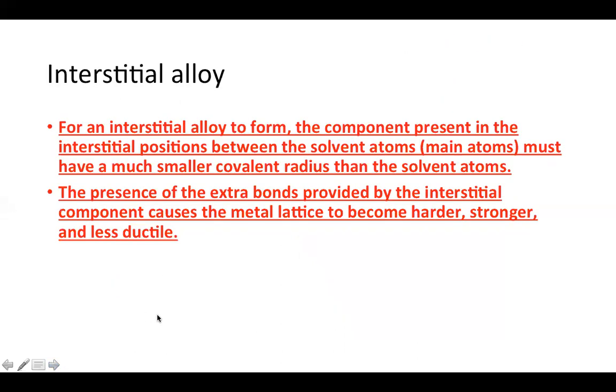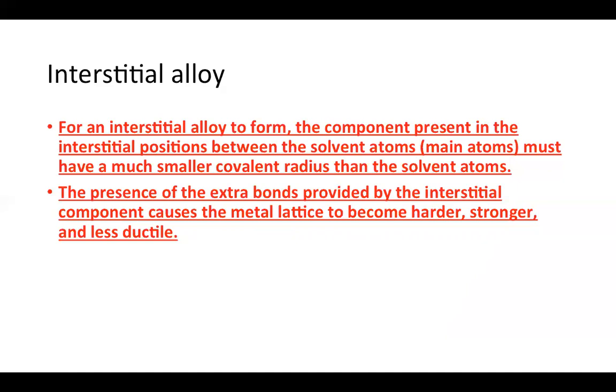On the other hand, in interstitial alloys, the host atom, the main atom, is going to be larger than the extra atoms being added in, because the extra atoms are going to fit in between the spaces taken up by the host atoms.